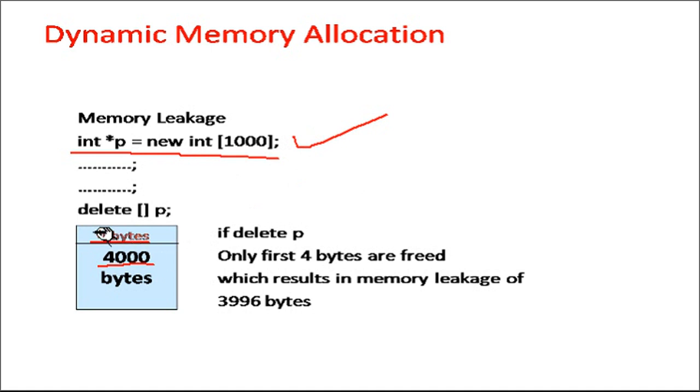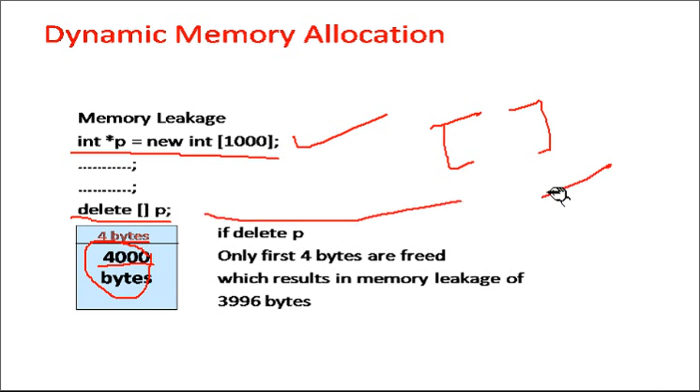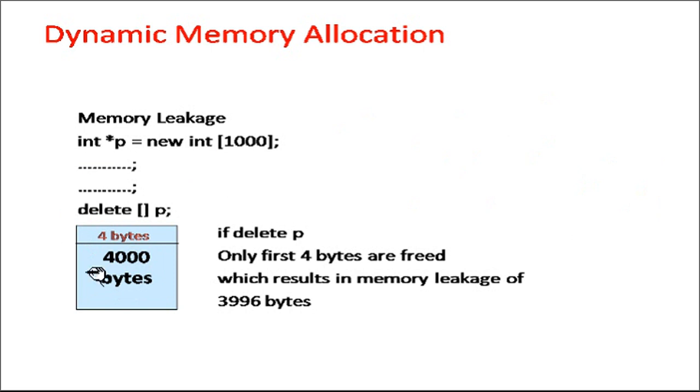If I use delete[] p, note that while using delete there is no need to put 1000 in the empty brackets; keep it blank. Then we deallocate all 4000 bytes of memory, because we use subscript in both new and delete. Absolutely fine. But what if we have not used subscript in delete, and have said only delete p?